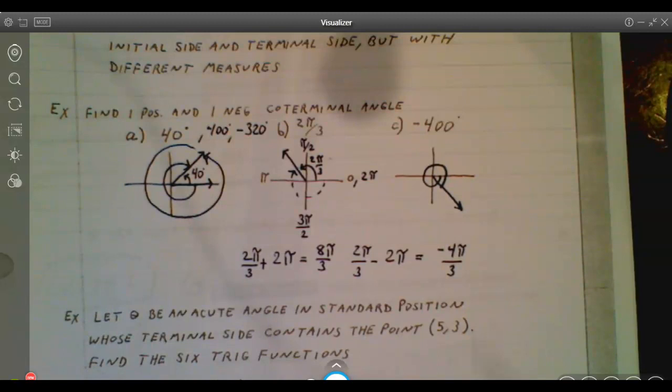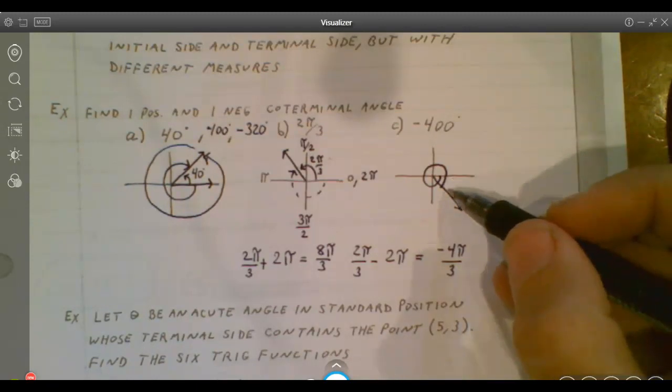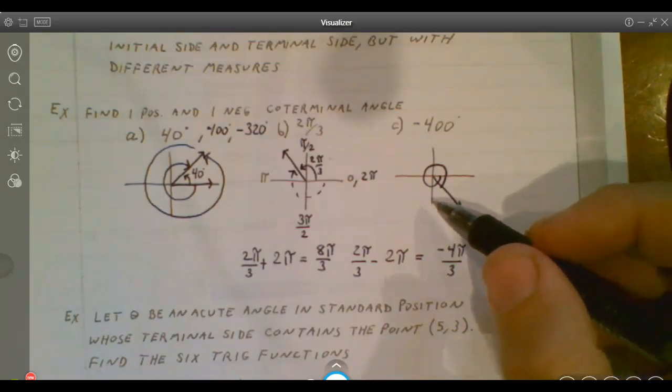One thing to keep in mind is, what would this reference angle be? Right here, that's something we're going to be working with. So if that's 360 and that's 400, I know my reference angle is 40 degrees right there. So anyway, let me start with the easy one. If I want a negative coterminal angle, I could go either way on this.